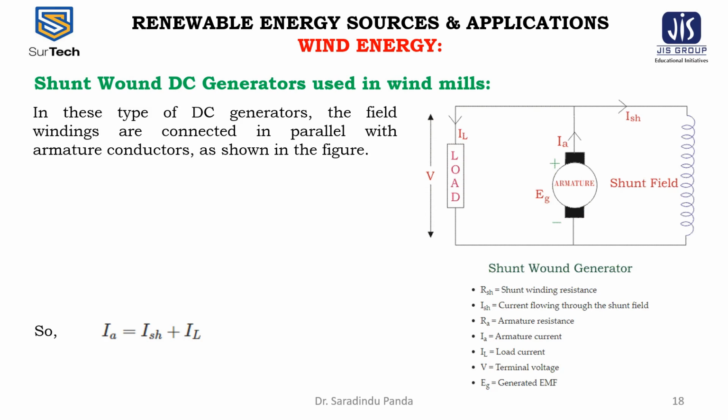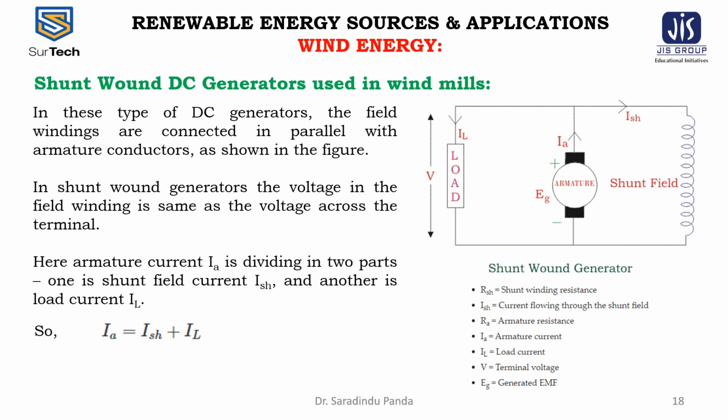Now, in this type of DC generator, the field windings are connected in parallel with the armature conductor as shown in the figure. In shunt-wound generators, the voltage in the field winding is the same as the voltage across the terminal. Hence, the armature current IA is divided into two parts.